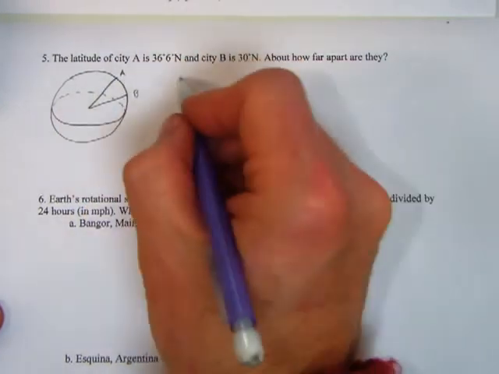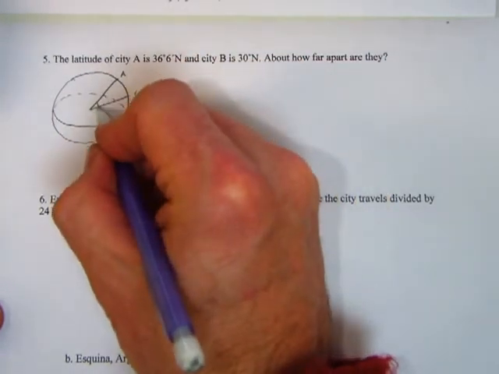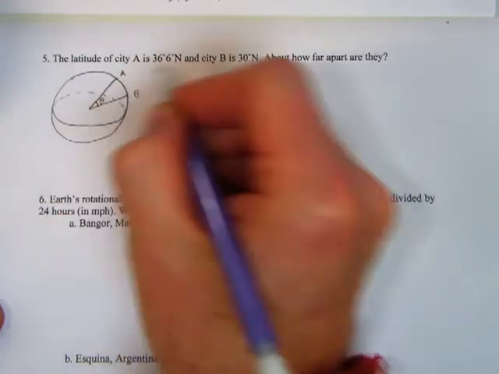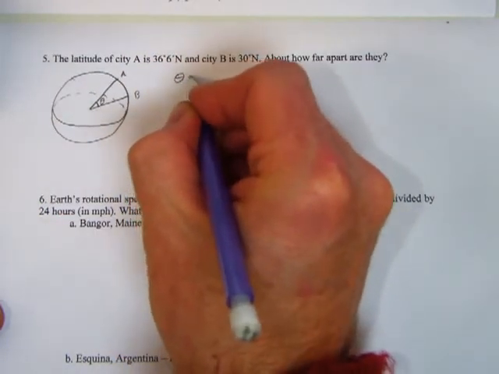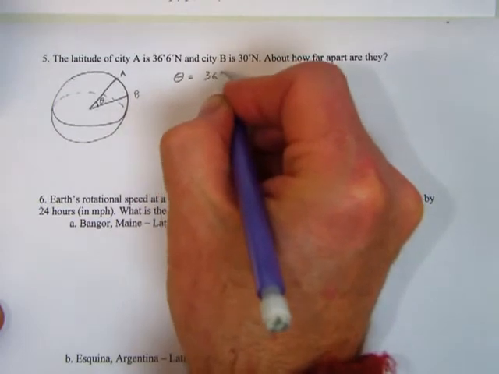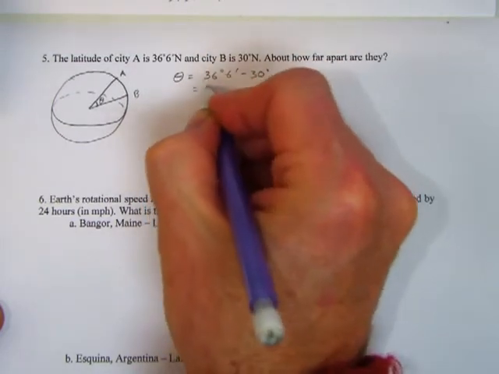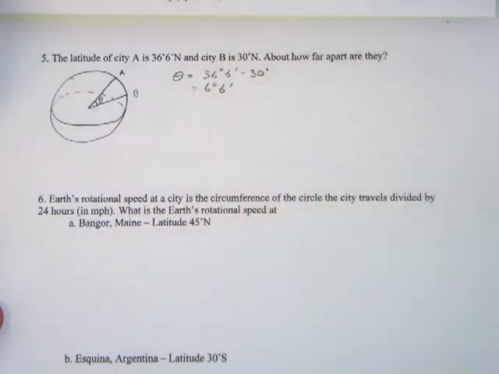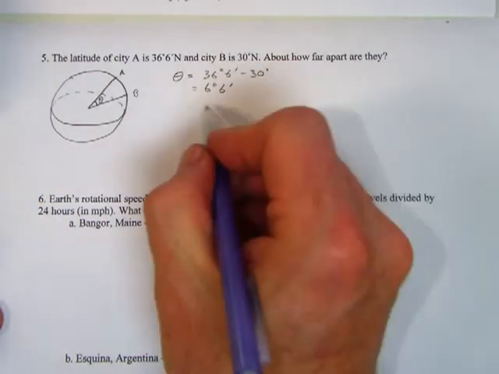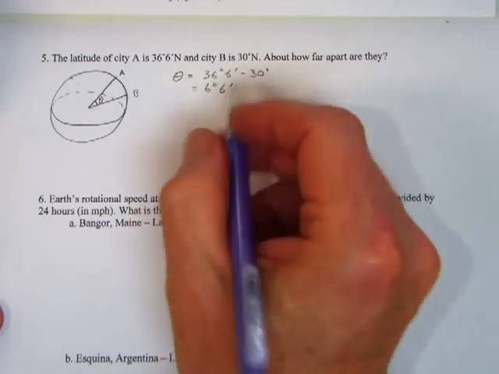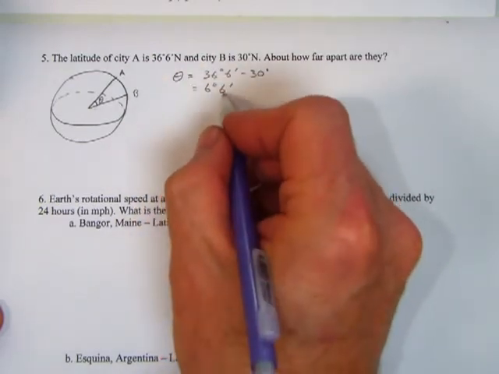36 degrees 6 minutes. Now, what do I really want to find? I want to find this angle in between. I'll call that one theta. Well, theta is going to equal our 36 degrees 6 minutes minus 30 degrees, so we get 6 degrees 6 minutes. At this point, we'll set it up just the way we did before. The only difference between this one and the last one is that we had to do the subtraction to find this, and we have these 6 minutes.